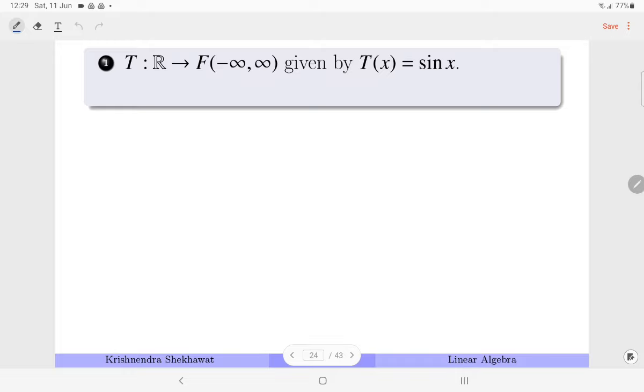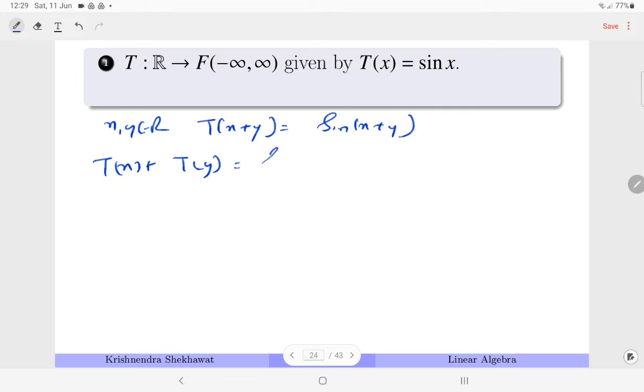Okay, T of x is equal to sine x. Again I take x, y in R, and that gives me T of x plus y is sine of x plus y. Now if I compute T of x plus T of y, it is sine x plus sine y. So you can see that the left hand side is not equal to right hand side. You just need to identify the values of x and y, because for some values it may be equal.